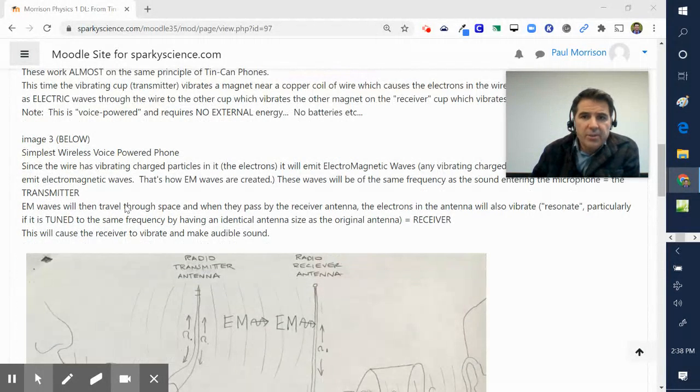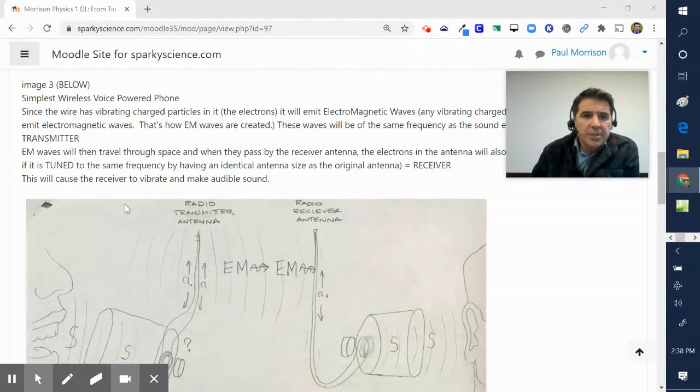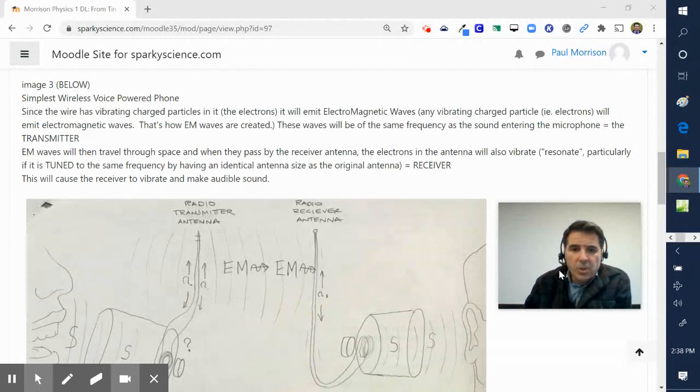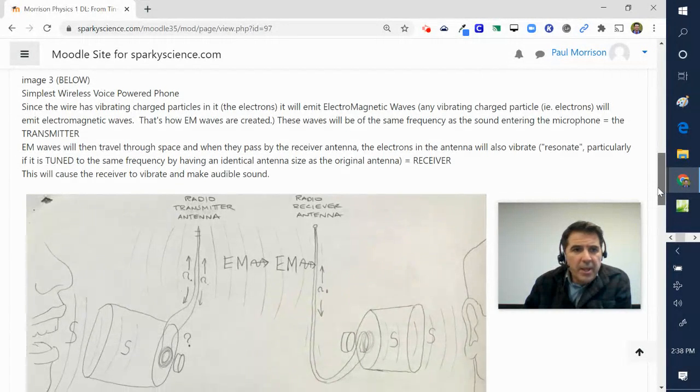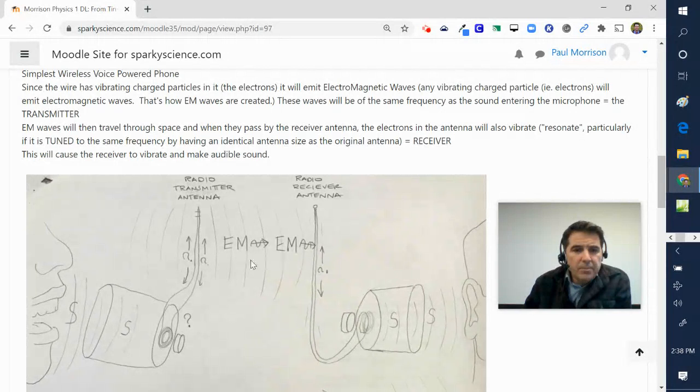So then we move down to image 3 below, and it is the simplest wireless voice-powered phone. If this could work, you would remove the wire, and now I've made the wire stand straight up like an antenna.